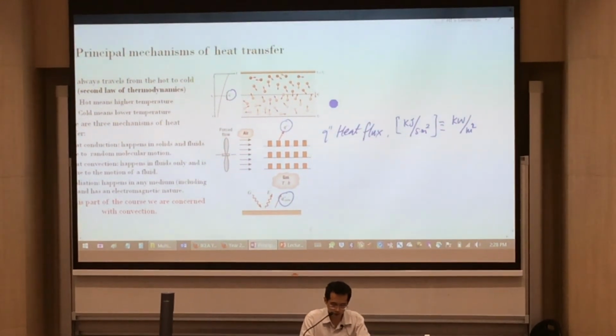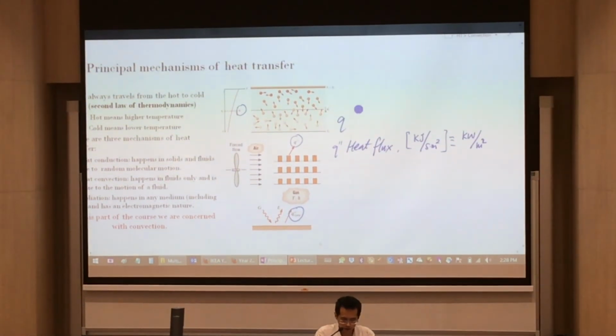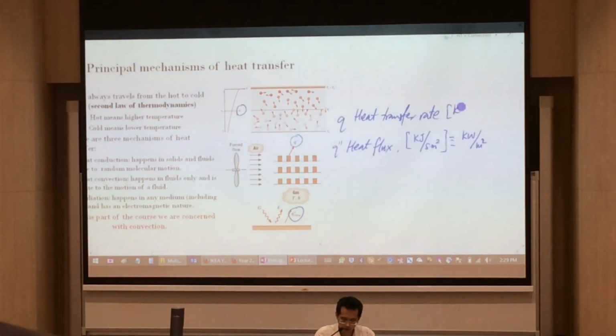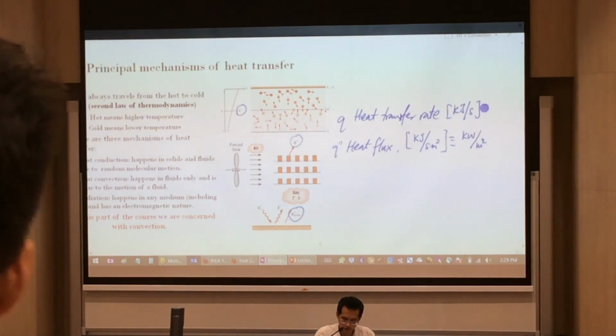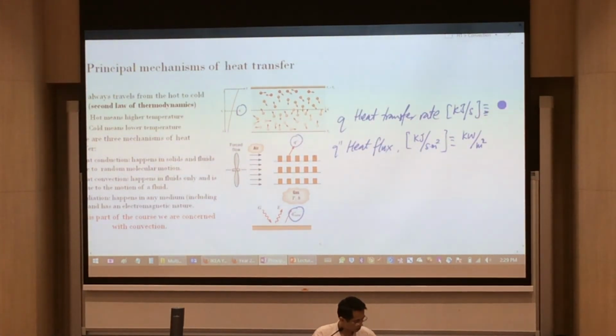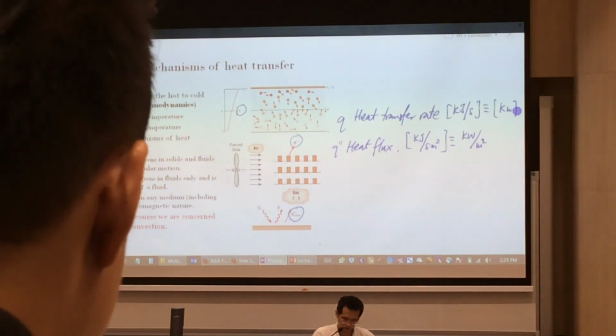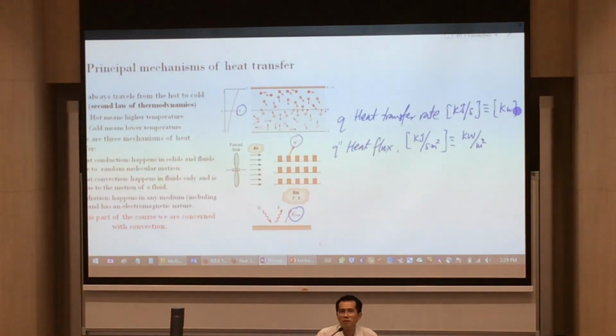The one that you have seen so far, we deal with Q, that is called the heat transfer rate. And the units for that is kilojoules per second. Or you can just write kilowatts, right? Because watts is joules per second. In some way in the textbook, sometimes you might get to see Q dot.